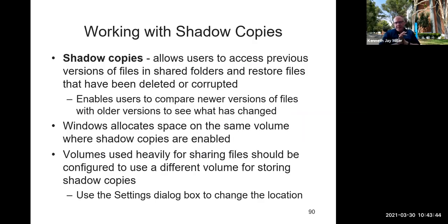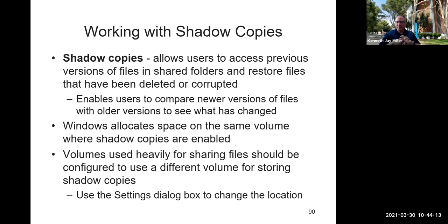Shadow copies is a service that's built into Windows Server, and Windows uses this so that if we have a share and we enable shadow copies, it allows a user on that share to right click on the share and go back to a previous version. This is a godsend for help desk employees.